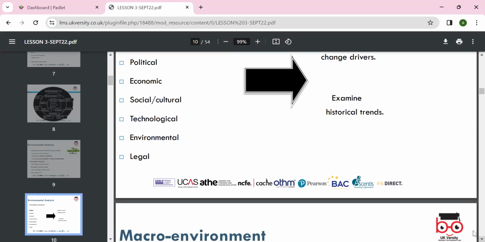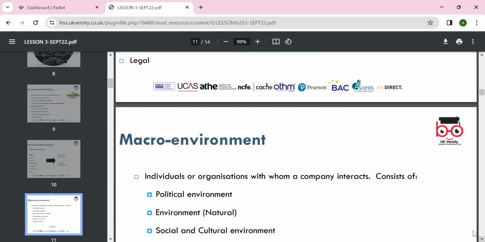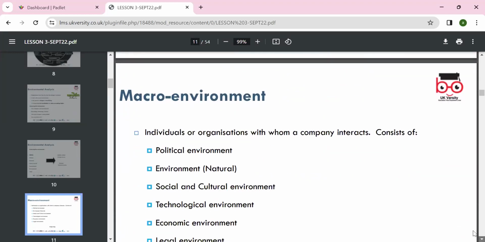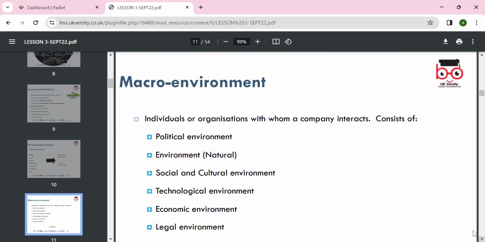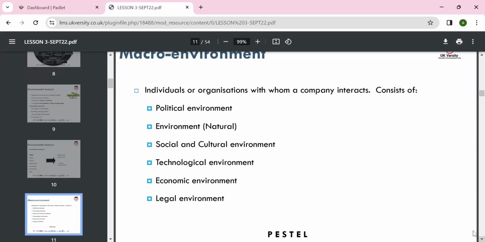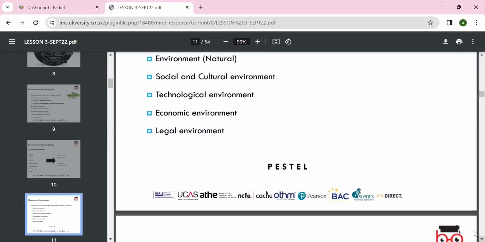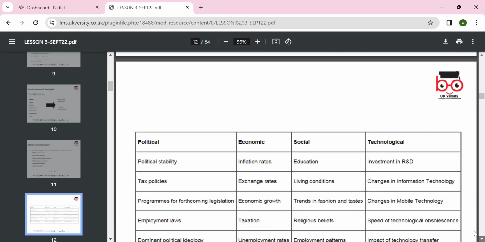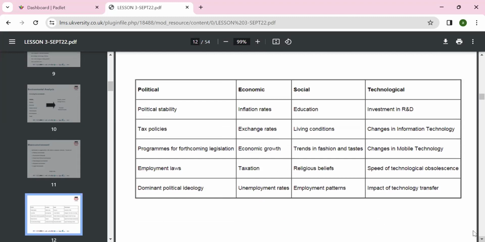But Blockbuster didn't change at the right time, so they did not sustain. Like Nokia, which didn't change according to the environment. An individual organization, the company and its interactions, consists of political, environmental, cultural, technological and economic environments. So we can say PEST or PESTEL.